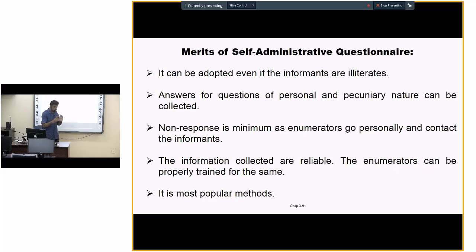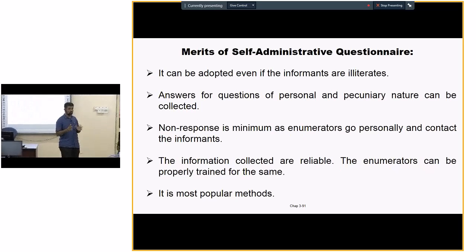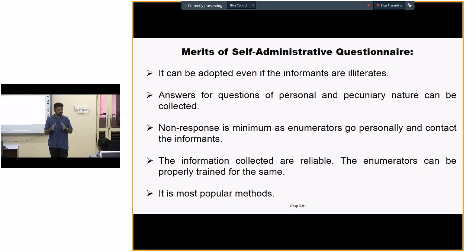It is flexible with the people and the area. Sometimes we cannot prepare a common questionnaire for all areas, because they use different languages. Then we can arrange a relevant person or enumerators for each area. That means if they are using Tamil language, we can train Tamil enumerators and send them.